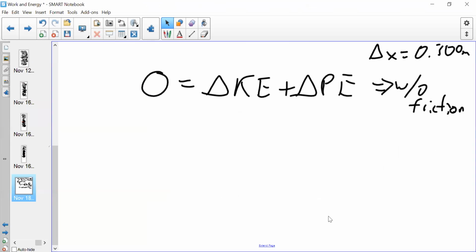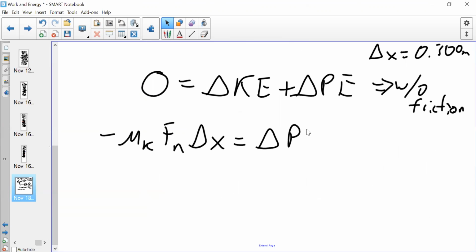All right. The non-conservation case, which is what we have here. The work done by friction, which is friction force times displacement, equals all of this. And we know it's always going to be energy taken out of the system, so it's negative.